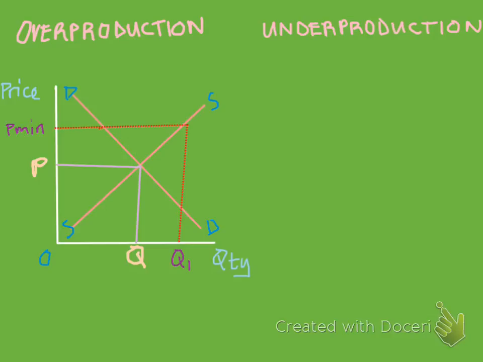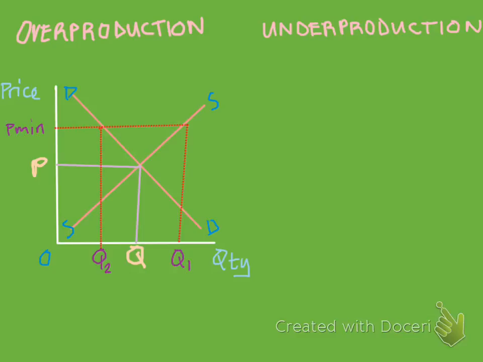People will supply more because they will sell at a higher price, Q1, and the quantity demanded at that price will reduce because the price has increased, so people will demand less of the goods. Quantity demanded will reduce to Q2.